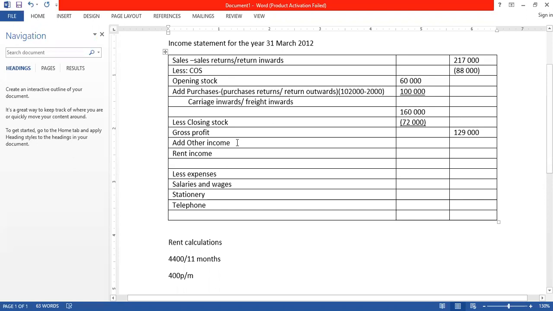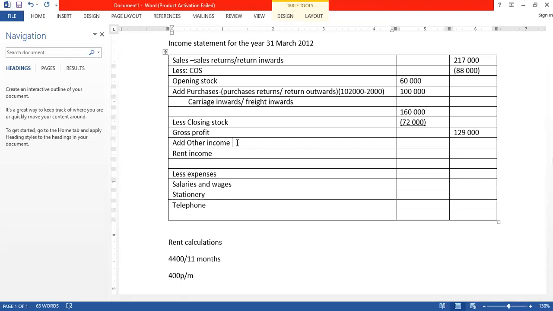So you have to add it because it belongs to the current financial year. You understand? You need to add it to the final amount, which is 4,400, because it belongs to the current financial year.